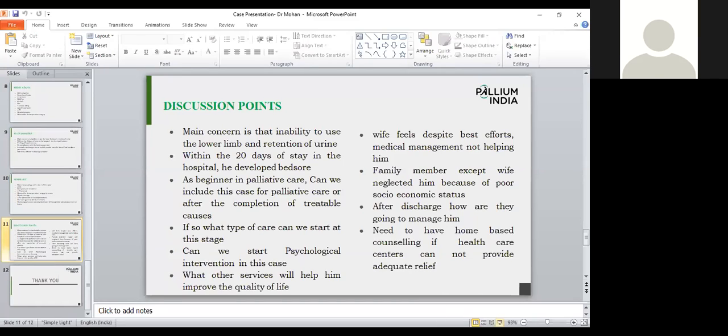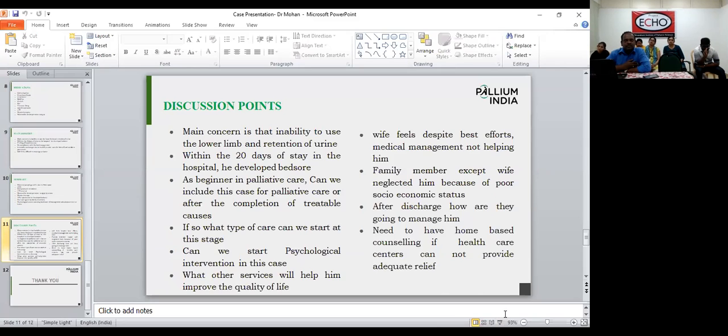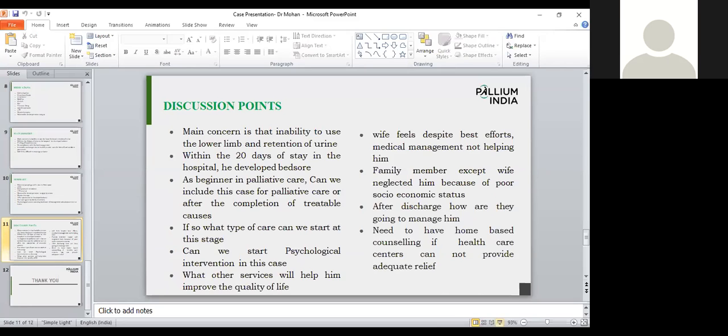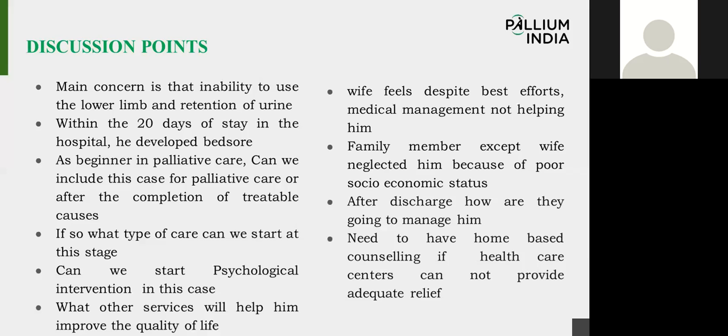Especially elderly, fall leads to rapid reconditioning and they become bedbound and they die because of various complications. So it's a very important eligibility for palliative care, a fall following which they become bedbound. So it is definitely a candidate for palliative care. There's no doubt about it.